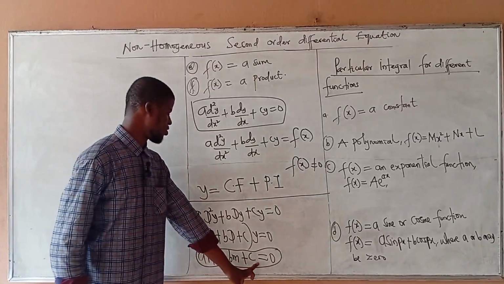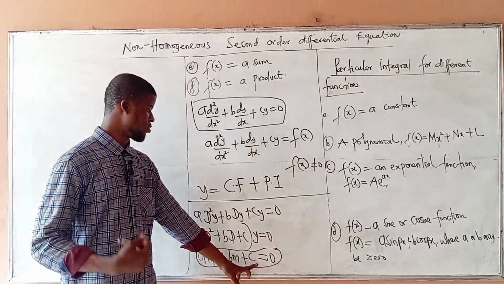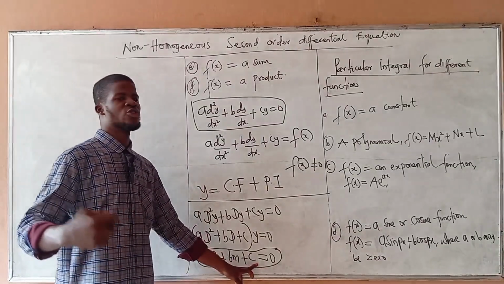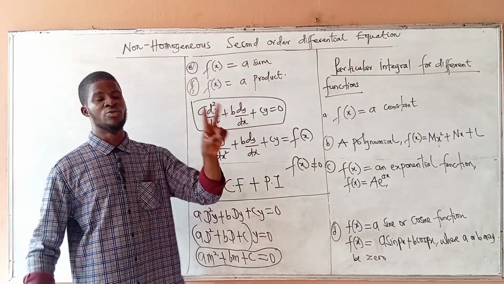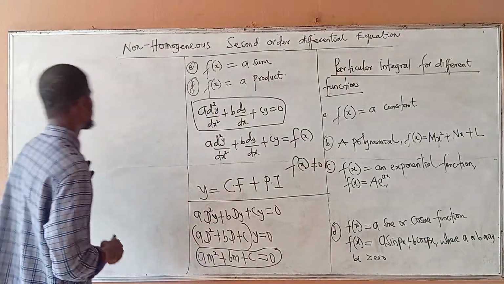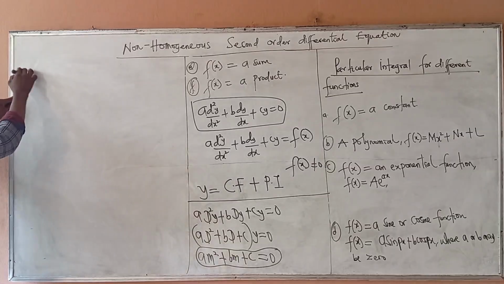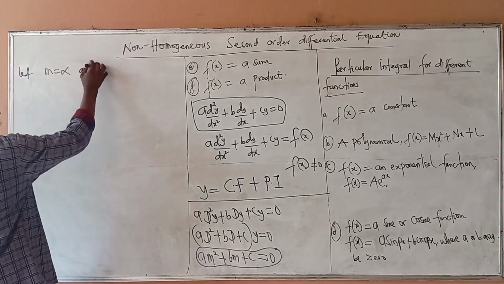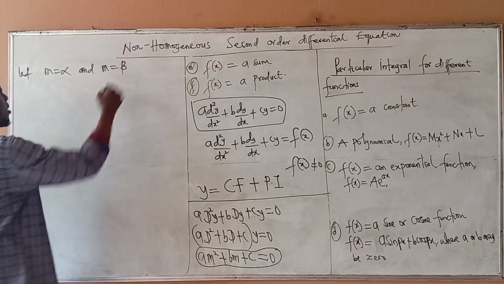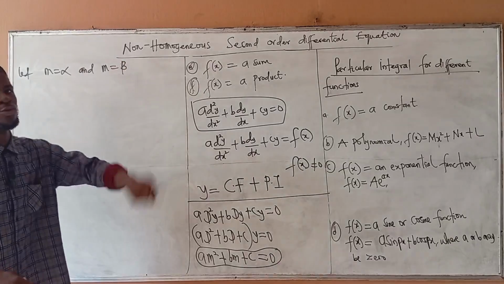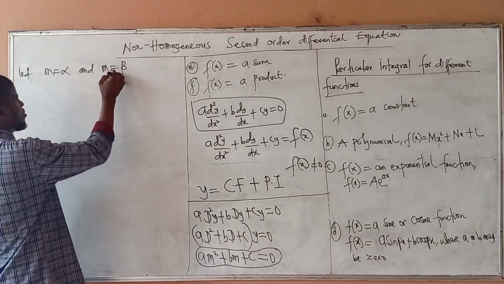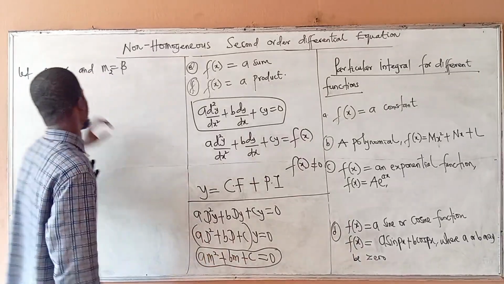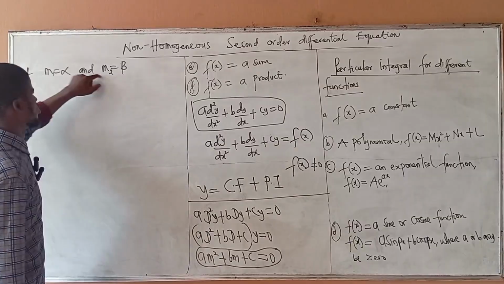Then we solve this quadratic equation, and when we solve a quadratic equation, we get two values for m. Let m equal alpha and m equal beta. These are the two roots. Let's call them m1 and m2. So after solving this auxiliary equation, we get m1 equals alpha, m2 equals beta.